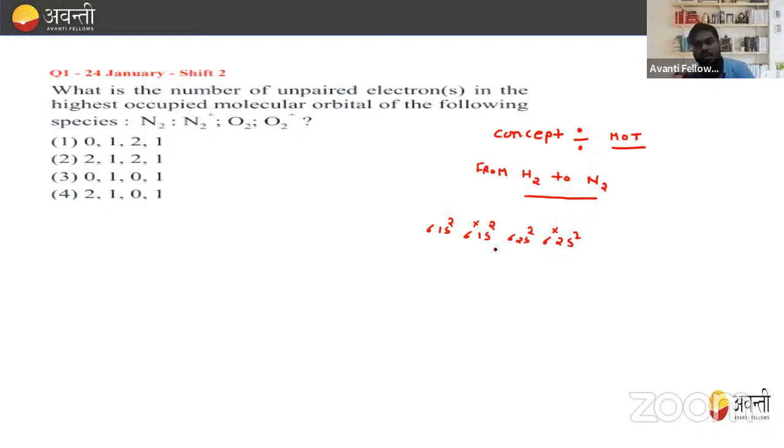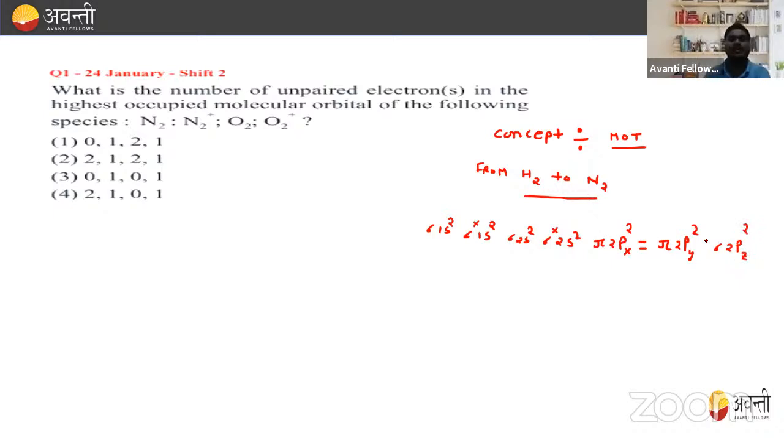Sigma 1s2 means bonding orbital and sigma star 1s2 means anti-bonding orbital. Next is pi 2px2, which is equal to pi 2py. Both are called degenerate orbitals because their energy is almost the same. And the next is sigma 2pz.